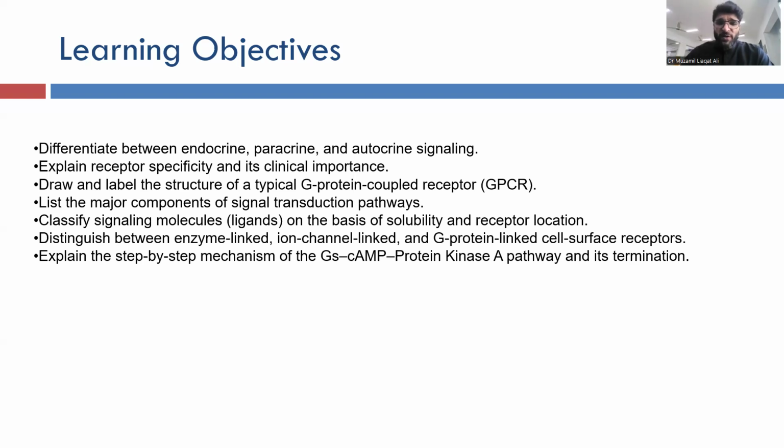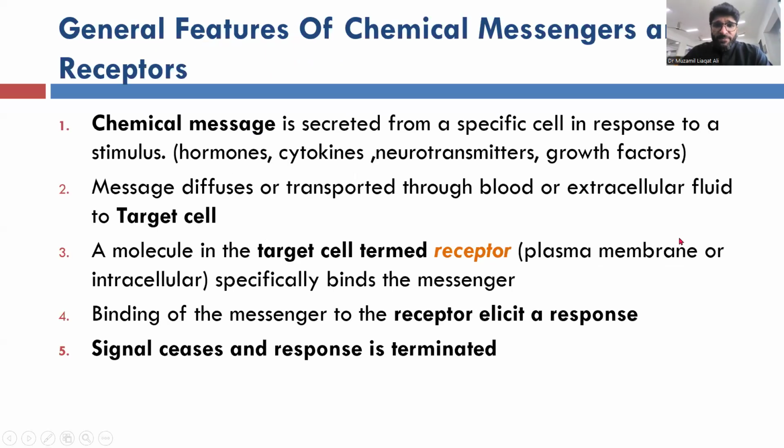So let's begin with the general features of the chemical messengers and receptors. A chemical messenger, whether a hormone, cytokine, neurotransmitter, or a growth factor, is secreted by a specific cell in response to a precise stimulus. It diffuses or is transported via blood or extracellular fluid to its target cell.